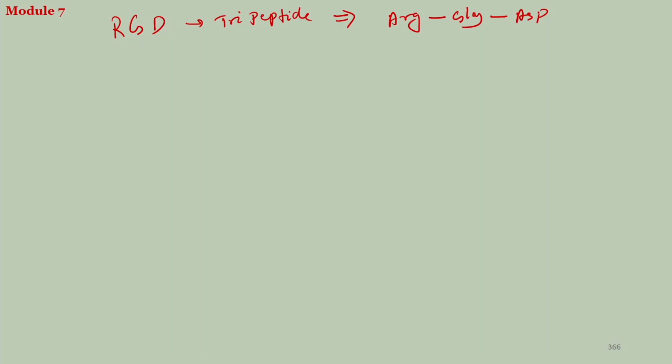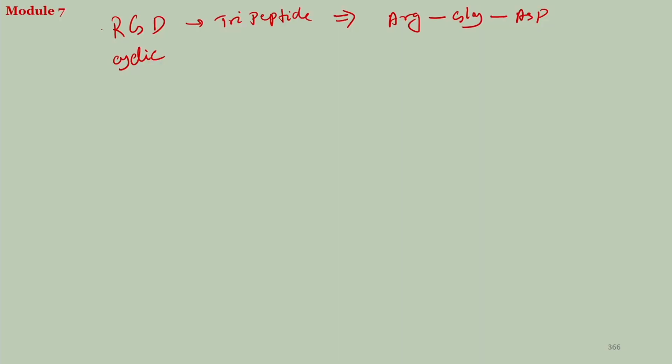So, it is a tripeptide, but often this exists in a cyclic form. RGD peptides often exist in a cyclic form, and it can have a polymeric structure also, polymeric cyclic, maybe three members of RGD can be present.